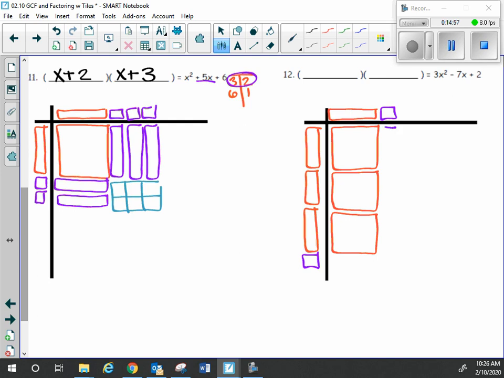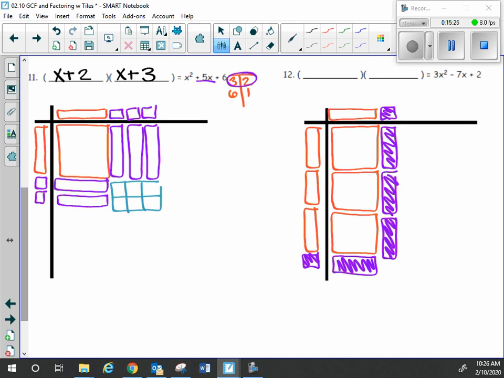If I add 1 and 1, how many negative x's do I have? 4. How many more do I need? 3. So where can I put my next negative 1 in order to get 3?